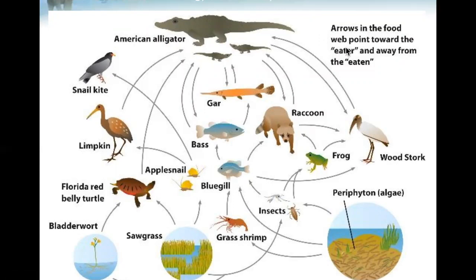Arrows in the food web point toward the eater and away from the eaten. So where does the energy flow? The arrow points in the direction of the energy flow.